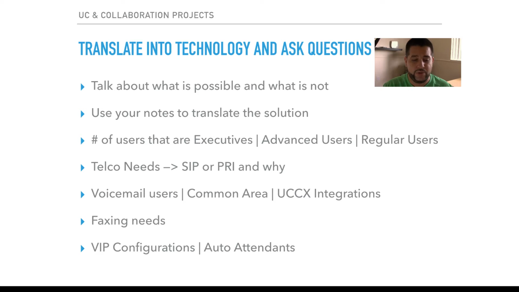You're going to explain to the customer that the phone system you're proposing has the ability to do ABC features that they need. There are some limitations, some things the system cannot do, and why it cannot do them. That's your homework. You have to go in deep researching the technology.